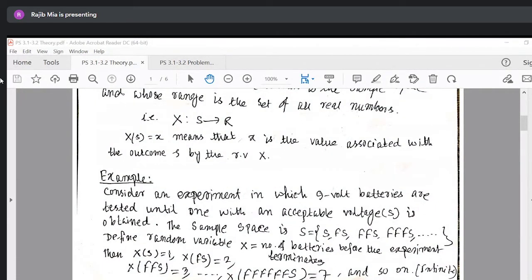See another simple example: tossing two coins.